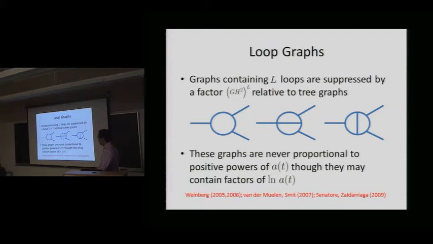It was proven by Weinberg that these graphs are never proportional to positive powers of the scale factor, though they may contain factors of the log of the scale factor. Even then, you would need huge numbers of e-foldings of inflation for these to become relevant. On the other hand, there are models of inflation, so-called eternal inflation, where you have arbitrarily large numbers of e-foldings, where these things could in fact have an impact on physical observables. That's one motivation at least for looking at these graphs.